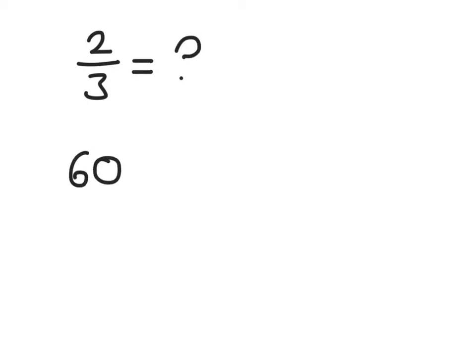We now need to find a sensible way of working out how many minutes are represented by 2/3 of an hour. We know that there are 60 minutes in 1 hour, so we're effectively trying to find 2/3 of 60, and this is actually quite straightforward to do in your head. 1/3 of 60 equals 20. 60 divided by 3 is 20.